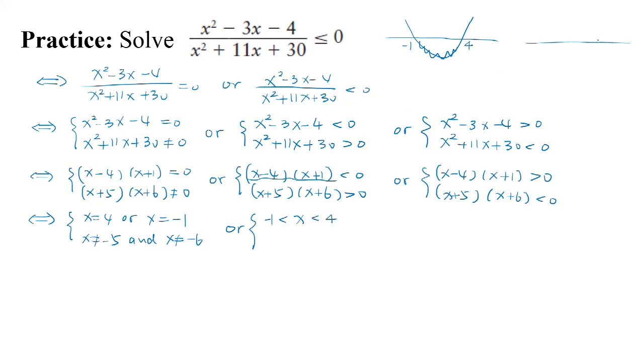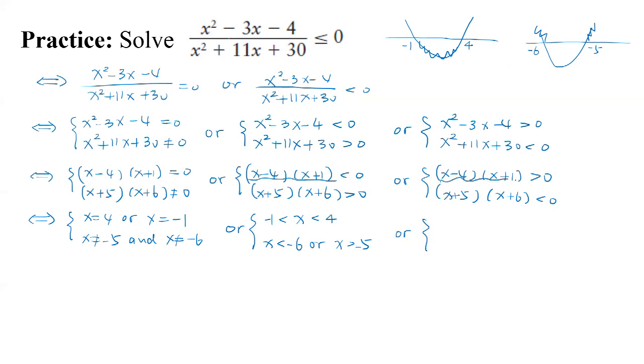For the second one, it's opening up. The roots are minus 6, minus 5, right? Greater than 0 means here or here, right? So x is less than minus 6 or x is greater than minus 5. Okay, next branch.